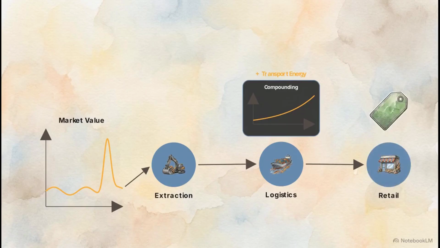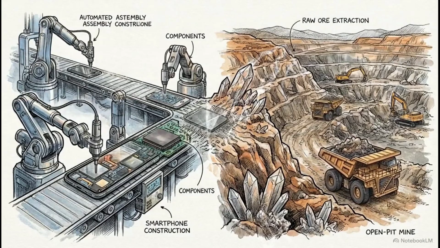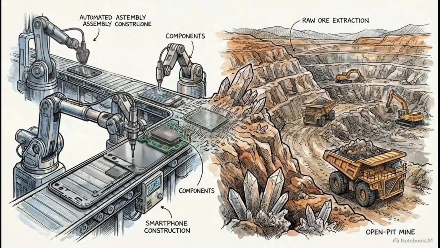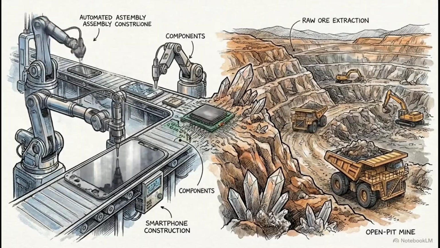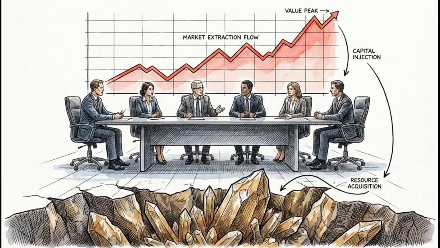By the time the flowchart reaches the end of the line, that initial spike in the commodity market has forced the final price tag of the consumer product to rise on the store shelf. Even the most advanced tech companies in the world remain vulnerable to the unpredictable swings of the raw dirt and metal markets. How do electronics companies defend themselves against crippling material costs and supply chain insecurity?